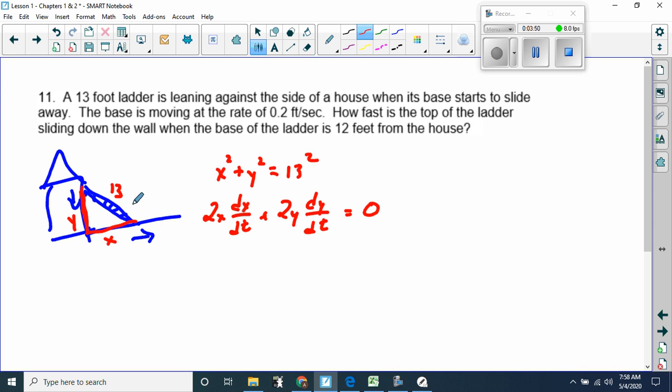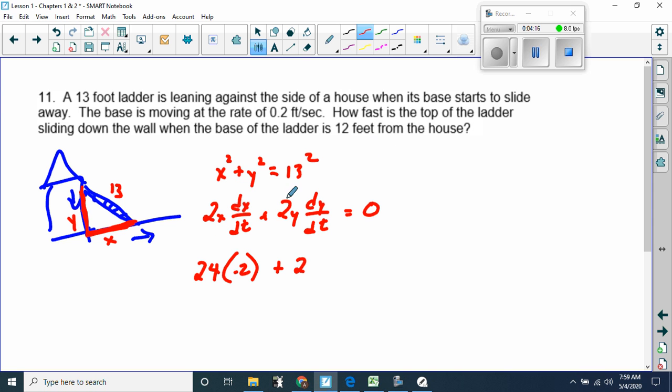We are looking for the rate of change of this side when the base of the ladder is 12 feet from the house, so x is 12. The base is moving away from the wall at a rate of 0.2 feet per second. They don't tell us y. They don't tell us this side here.